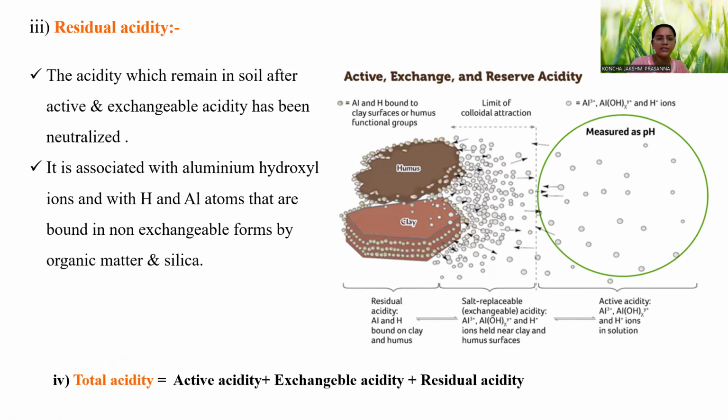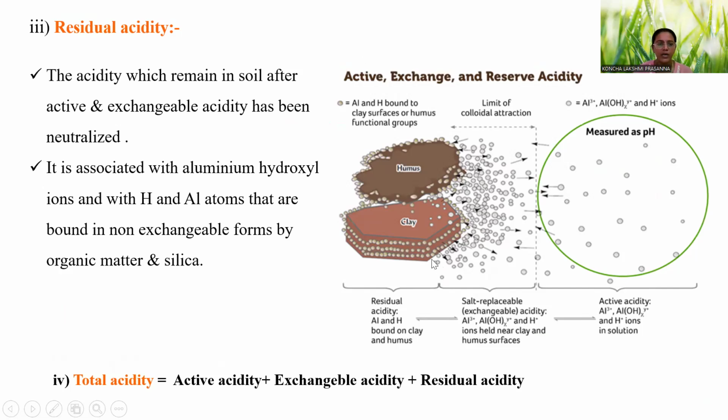This acidity is associated with the hydroxyl and aluminum ions which are bound in non-exchangeable forms of the clay or colloid. That is why it is known as the residual acidity.